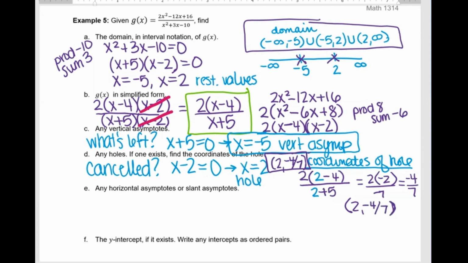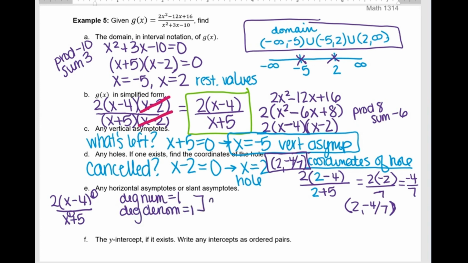Okay. Horizontal asymptotes or slant asymptotes. Remember, we're looking at the simplified form. We have polynomials in top and bottom. The top is factored form. Bottom is standard, but they both have a degree of 1. So degree of the numerator equals 1. The degree of the denominator, again, equals 1.